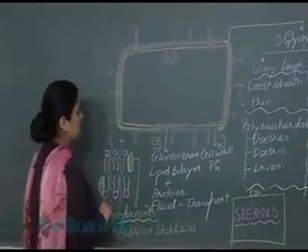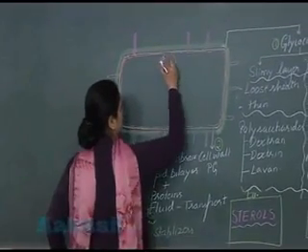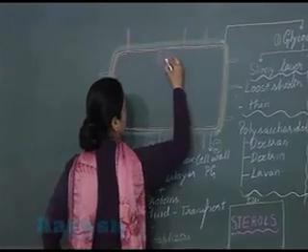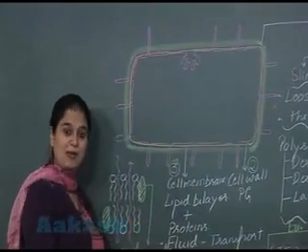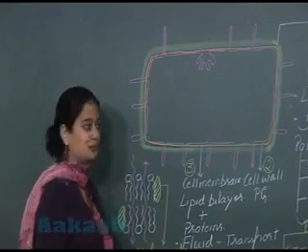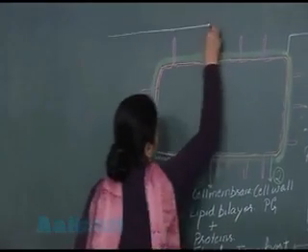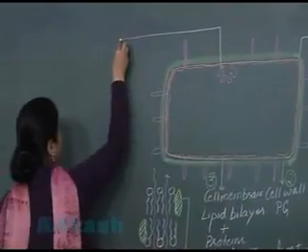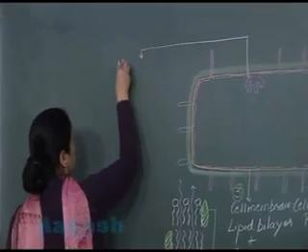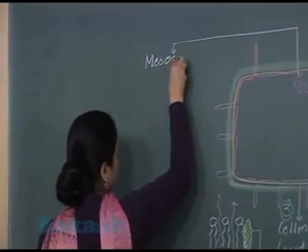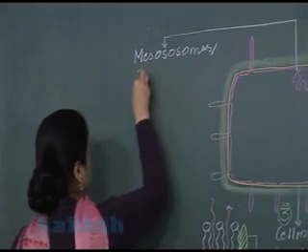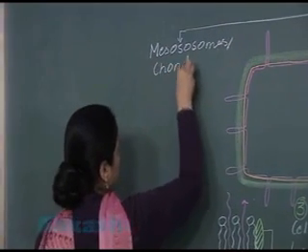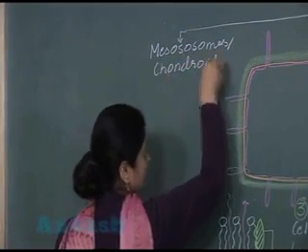Now, in the plasma membrane, you can see these ingrowths. The ingrowths of the plasma membrane are known as mesosomes. So, I am labeling them here. These are mesosomes, also known as chondrioid.